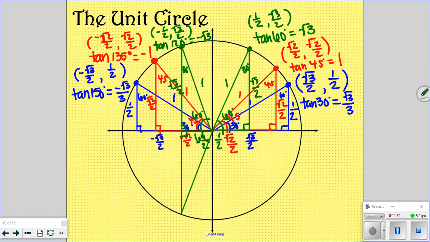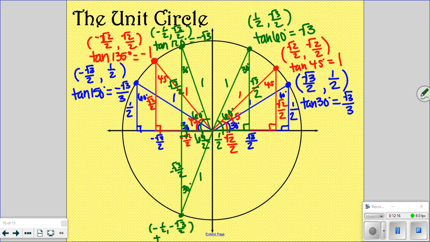This is a right angle, and then this is 30 degrees. And so our hypotenuse is 1. This side length we already have labeled as negative 1/2, and then this one is going to be negative square root of 3 over 2. So this point right here is going to be negative 1/2, and then negative square root of 3 over 2.